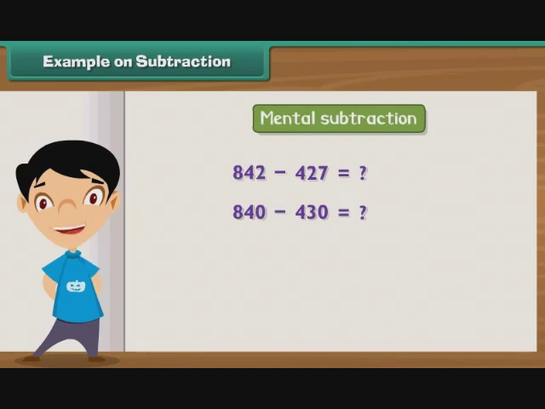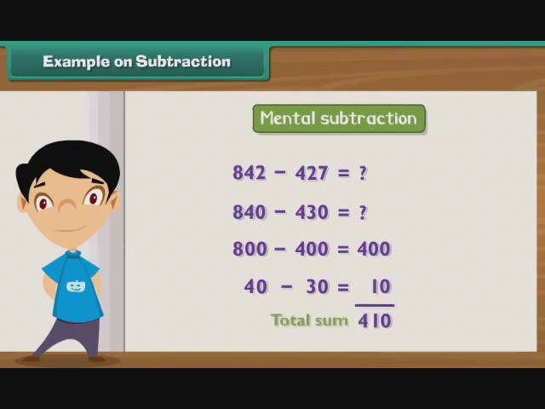To subtract 430 from 840, first, subtract 400 from 800 to get 400. Then subtract 30 from 40 to get 10. Therefore, the difference between 840 and 430 is 410. But we subtracted an additional 3 when we subtracted 430 instead of 427.